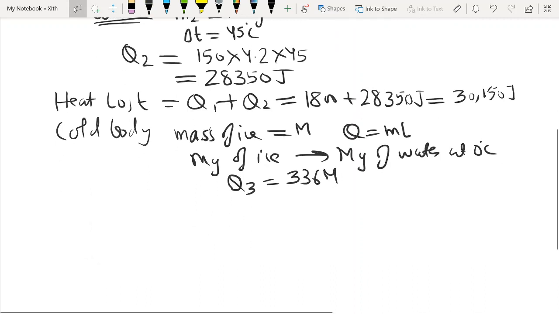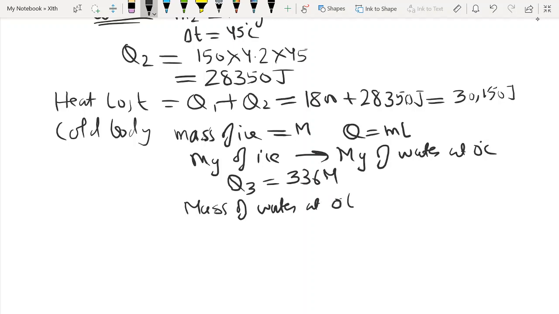Once we have got m grams of water at 0 degree Celsius, now what will happen? Since the final temperature is 5 degrees Celsius, so mass of water at 0 degree is m and final temperature TF is 5 degrees Celsius. So how will we find the heat gained by this cold water?